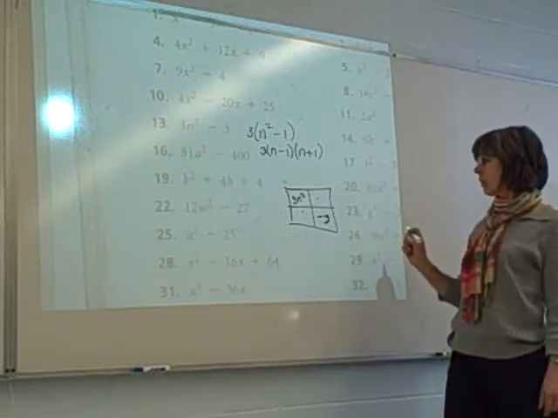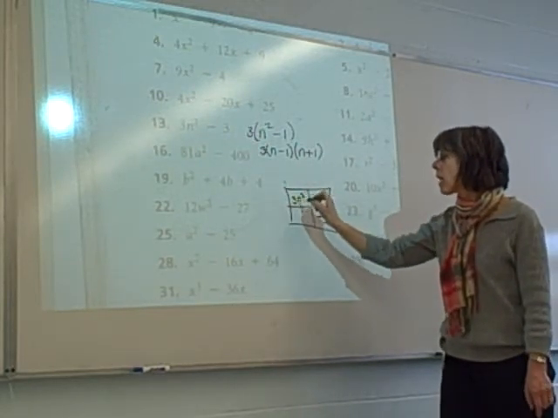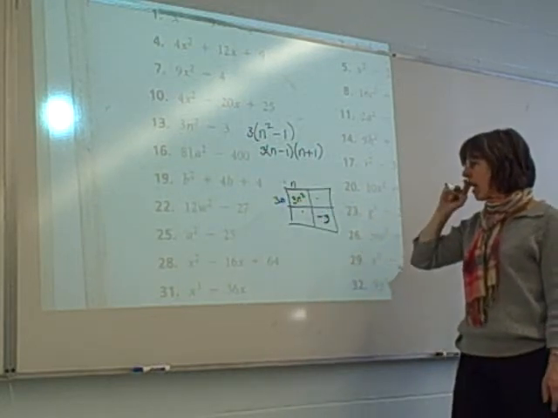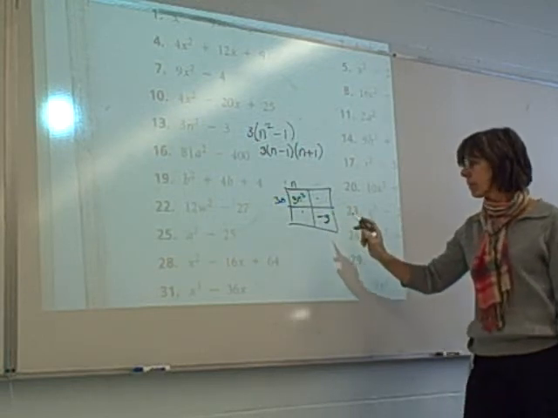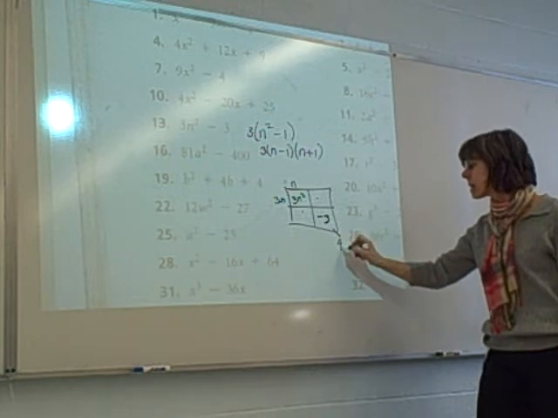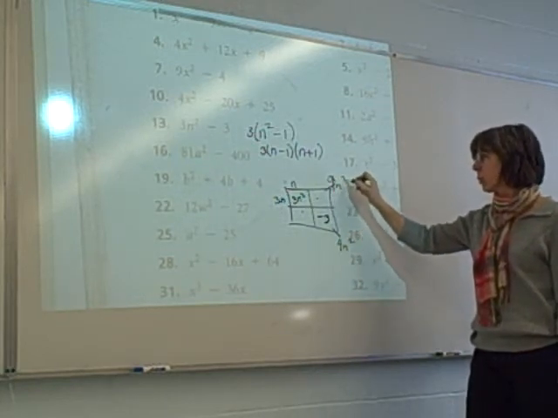Let me see, how would I do this? Well, let's just leave it like that for the moment. I have 3n, and this is n. What will be here that will give me this? I'm not sure, actually. Oh, you're right, it has to be 9n squared.